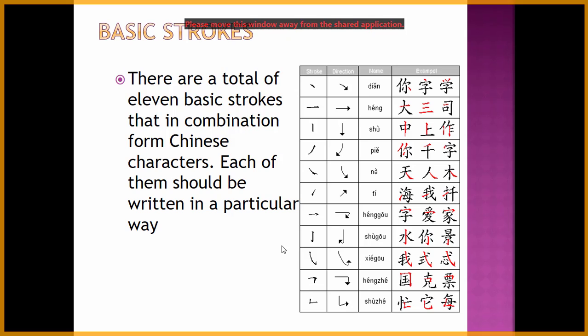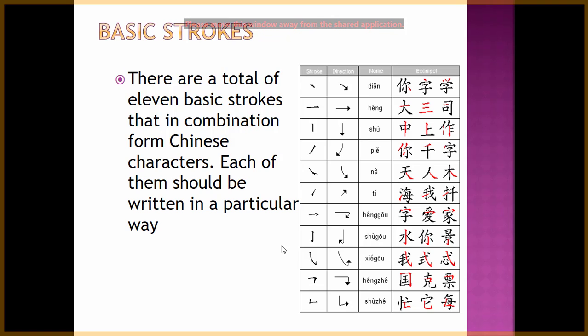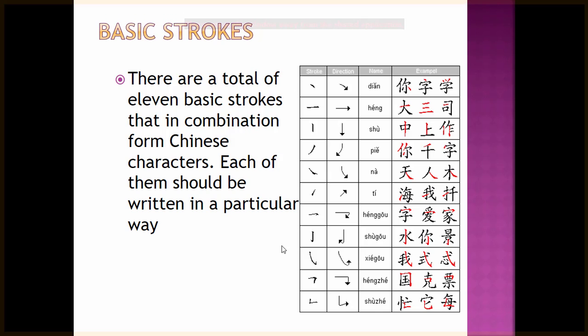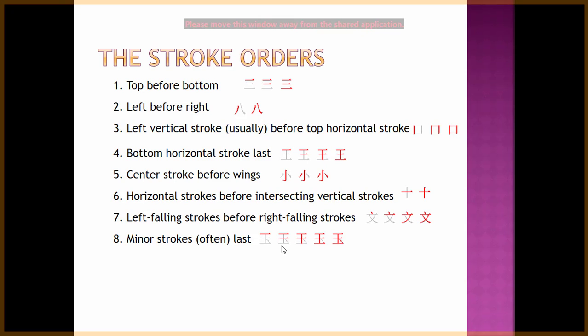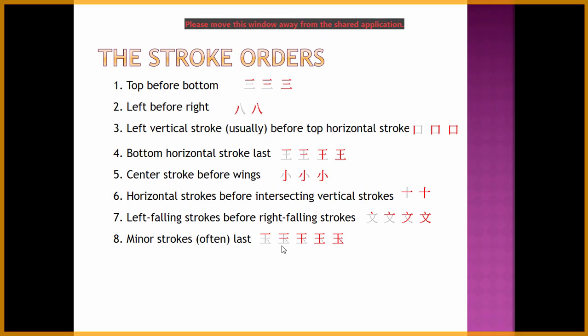How we create Ming Pai La, or what is the meaning of this whole word, we will learn very clearly. These are the stroke orders: top before bottom, left before right. It means that the left vertical usually comes before the top. These are all stroke orders you have to follow to write.